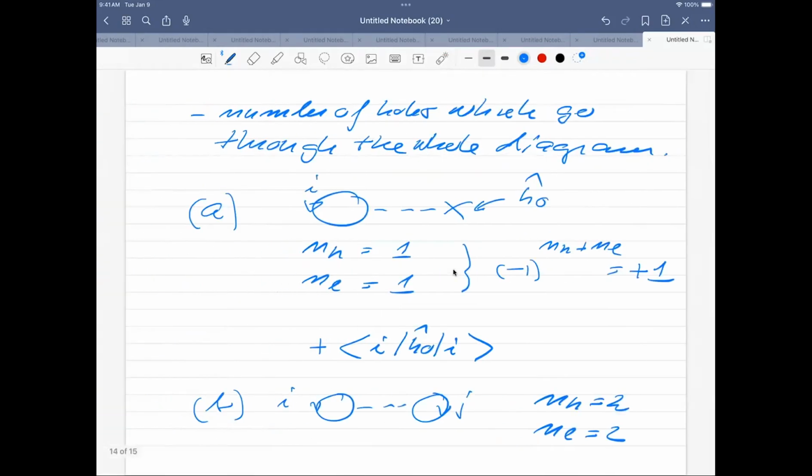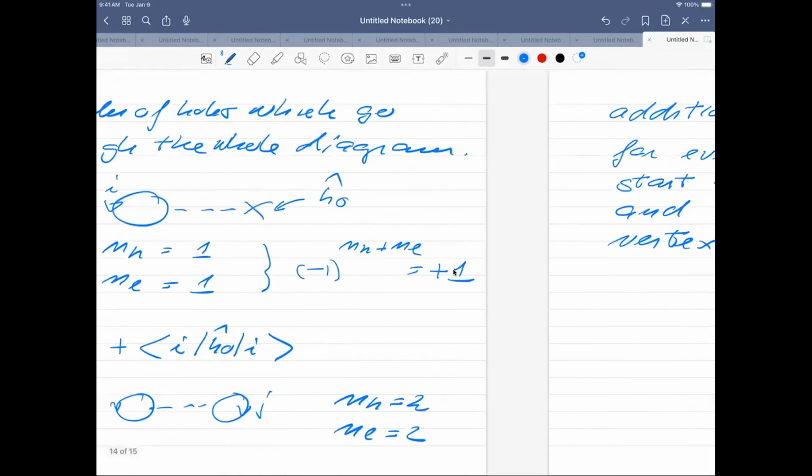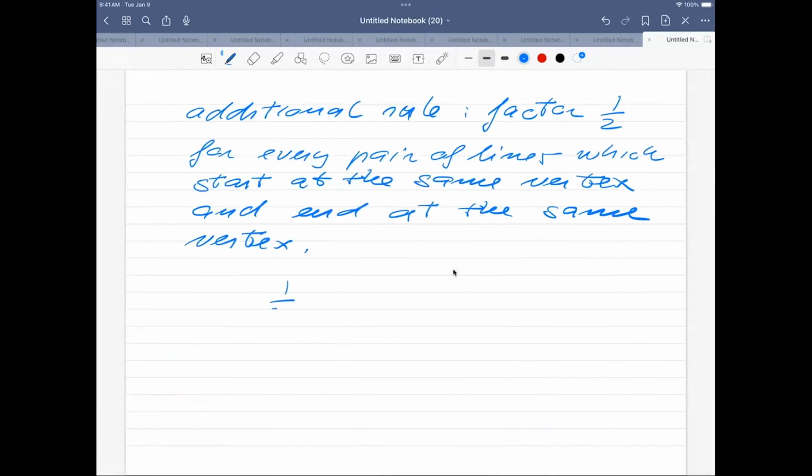In our case here, we actually have a contribution where you have a hole line which starts at this vertex and ends at that vertex. That's the way you read it. But normally, when you do many-body perturbation theory, you would have more interaction terms. And then we will see explicitly that there has to be a factor of a half when you have pairs of equivalent lines which start at the same vertex and end at the same vertex. So here, when we look at this diagram, we would now get a factor of a half.